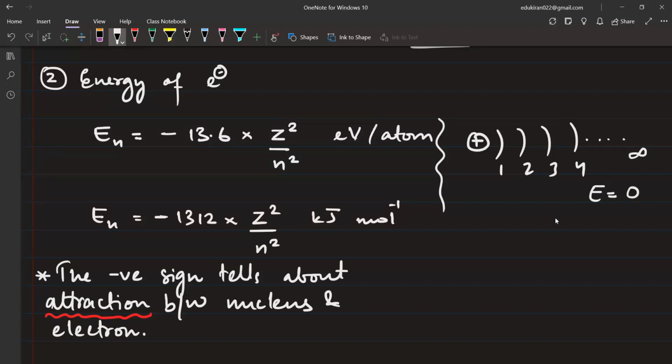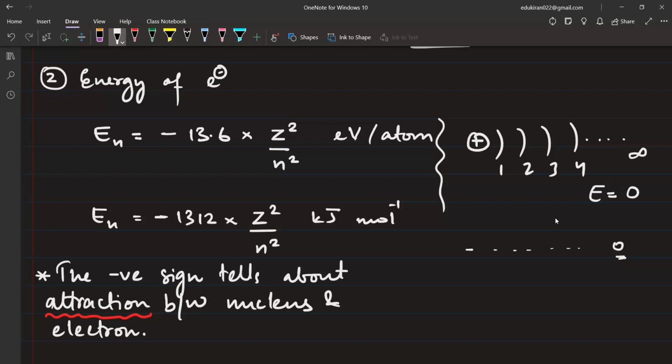It becomes less and less negative, then zero. Positive and negative charges will never have any repulsion between them. But if I make it so far away that the attraction is negligible, I will call the attraction zero, and that is why the energy of the electron will become zero. Correct, guys?